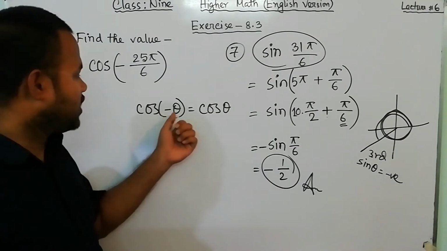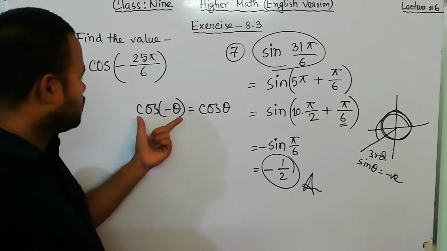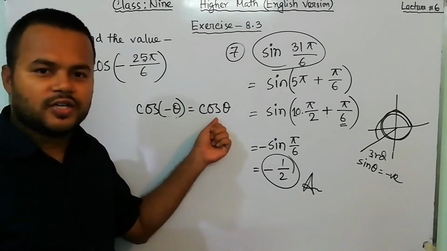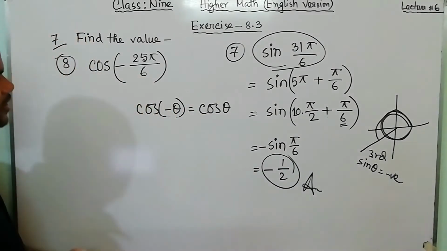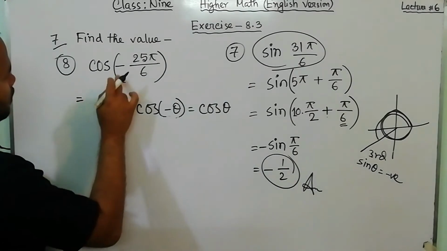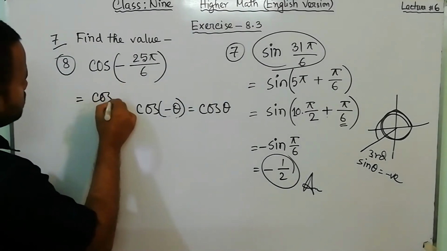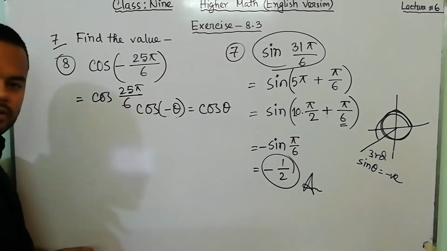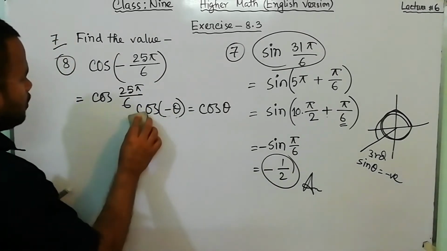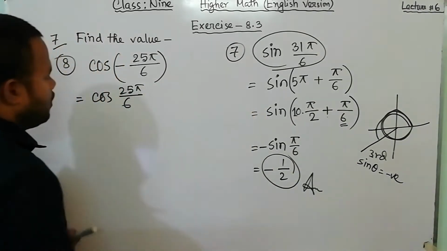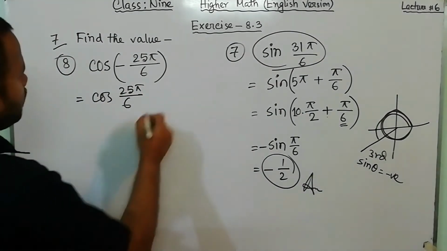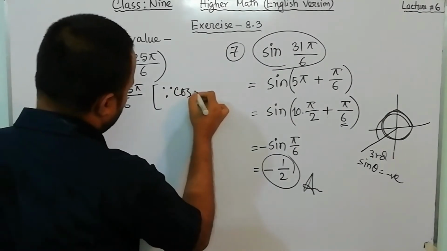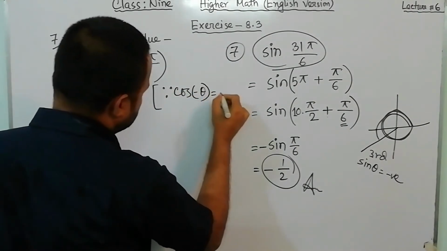We can omit this negative sign here. So we have the value of cos minus theta equals cos theta. Now we can write this term as cos 25 pi by 6, because cos minus theta equals cos theta.